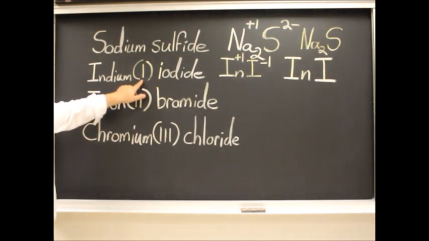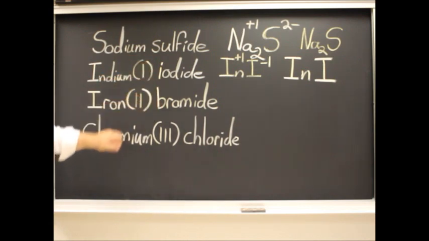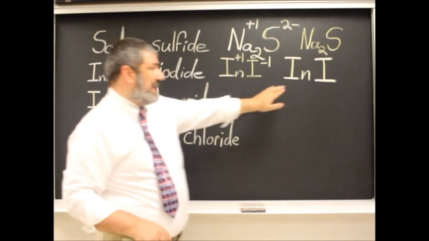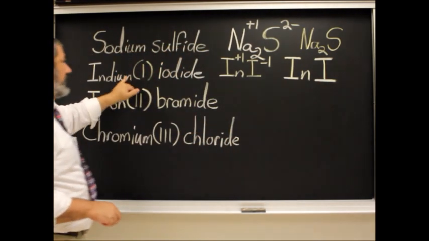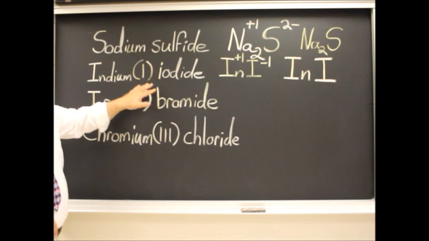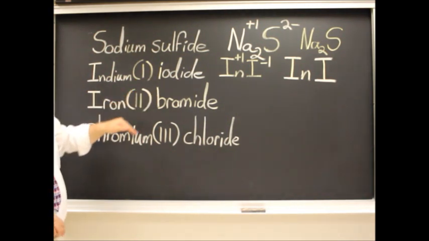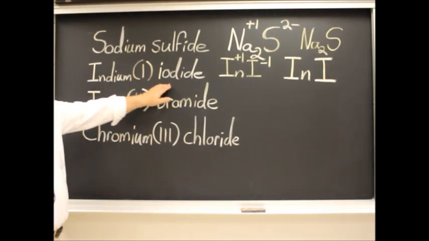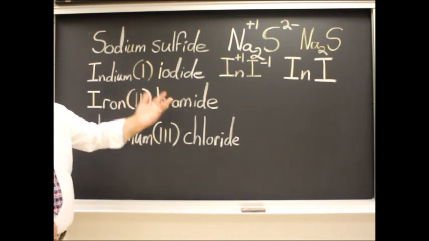If it was indium 3 iodide, then the formula would change. Then it would be InI3. I would either have to give you the formula, and then you would give me the name, indium one iodide, or, like I said, give you that information in the name itself. I can't simply say indium iodide, because it could be +1 or it could be +3.